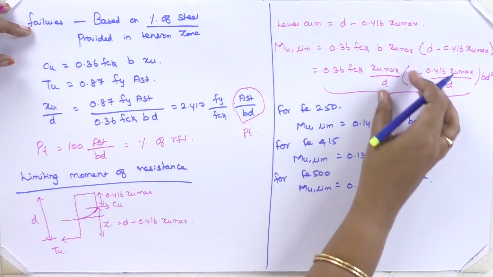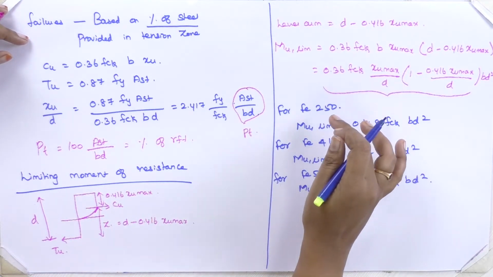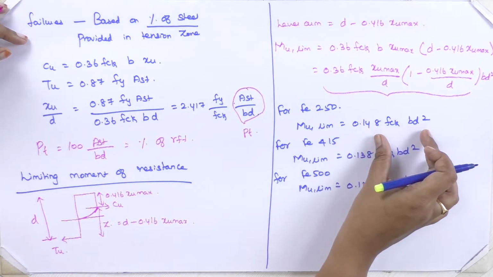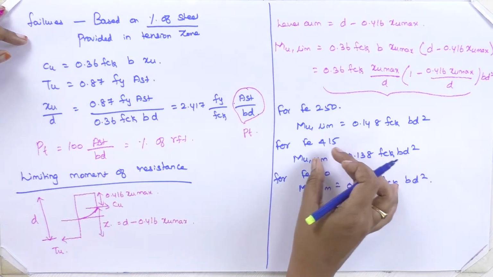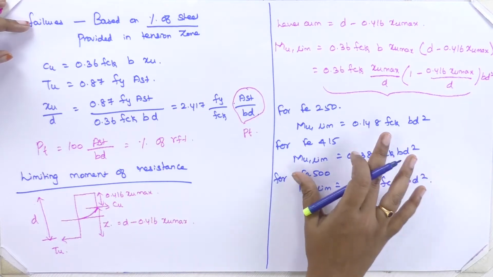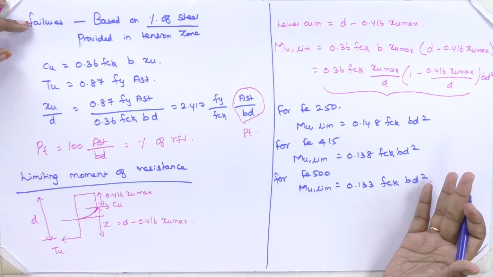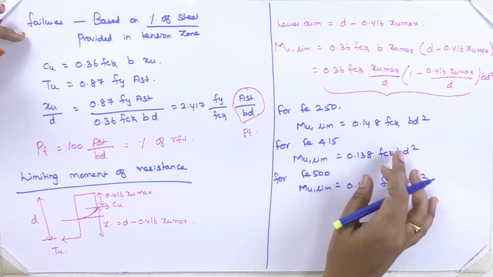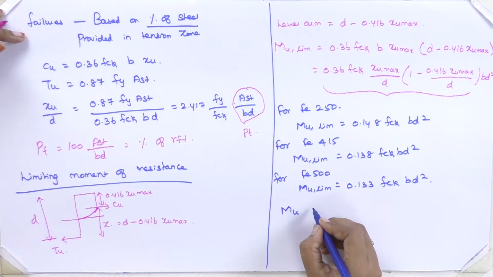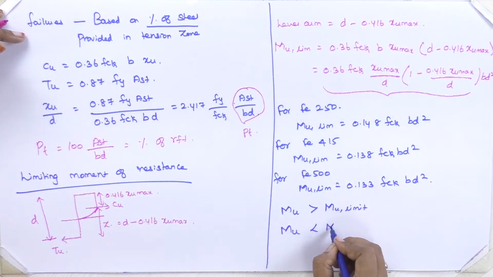If you know the Xu max by d value for the subsequent yield stress in your steel, you can directly check with 0.148, or 0.138 for Fe415, and we can directly substitute and check whether the moment of your section is less than Mu limit or greater than Mu limit.